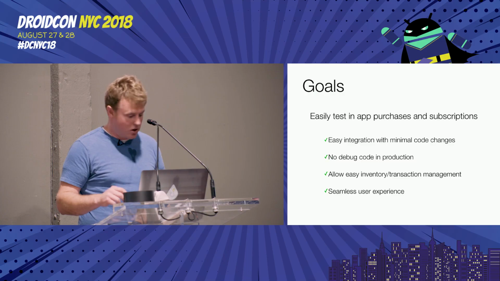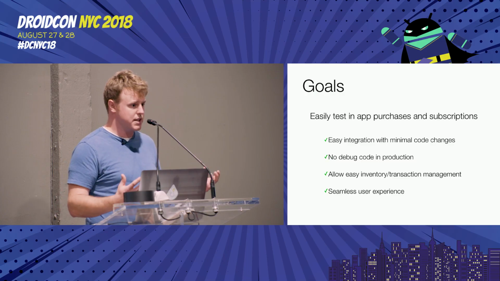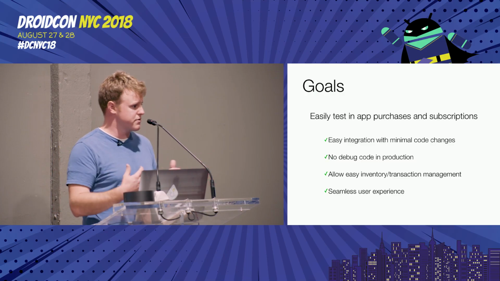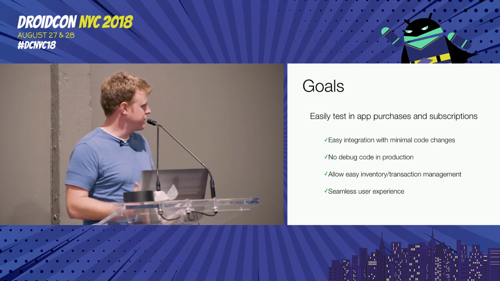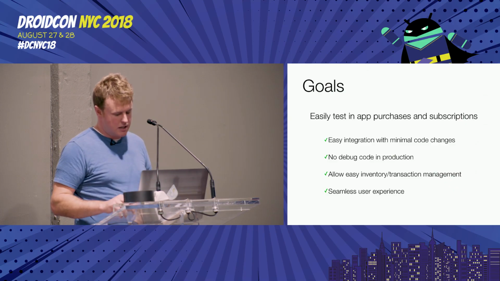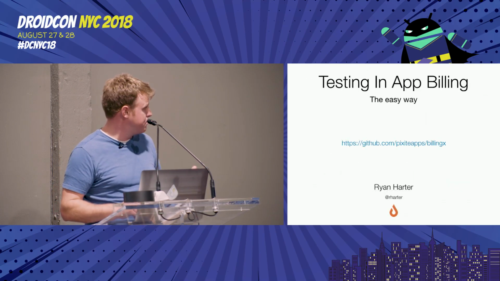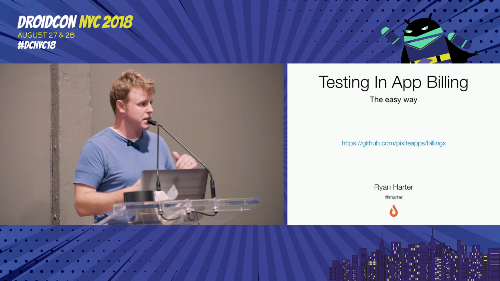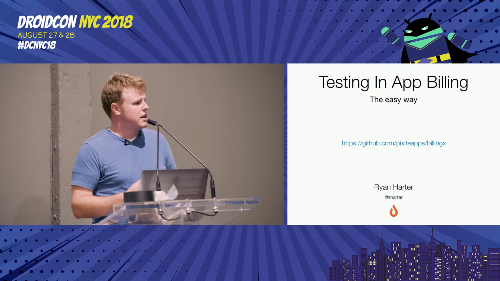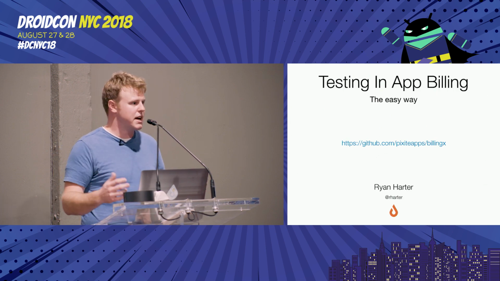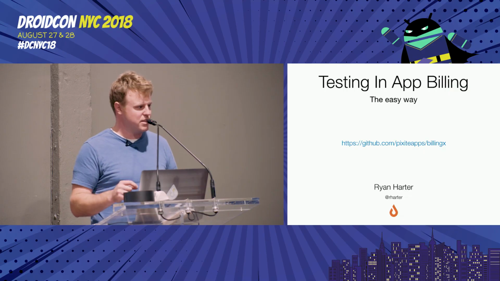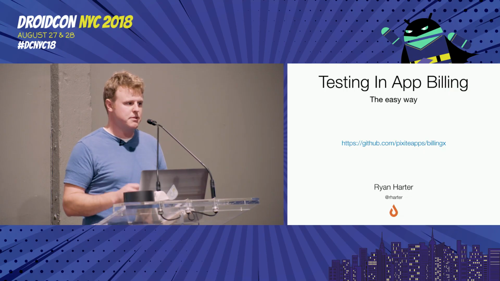So all of that being said, that is BillingX, and that's how BillingX for me is able to accomplish all of the goals that I was looking for. You can check it out on GitHub. Pixite Apps is my company. It's called BillingX. I'd love your feedback. Right now it's at a 0.8 release. It's not quite complete.